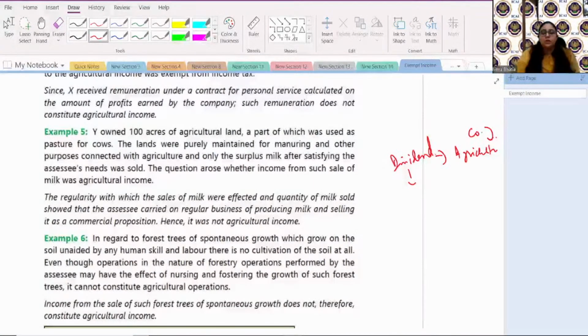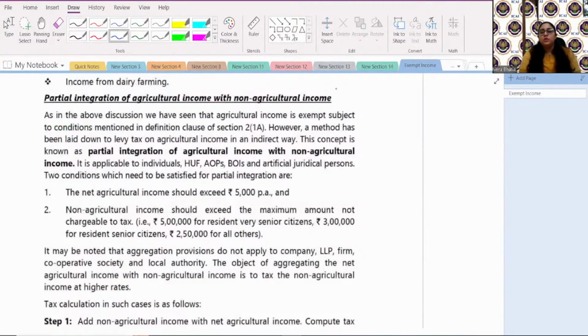Okay. Now here a concept comes in where you will say, ma'am, whatever you have said so far was wrong. This concept is called partial integration of agricultural income with non-agricultural income. Now, what is this? First of all, this concept is applicable only to the assessees on which slab rates are applicable.